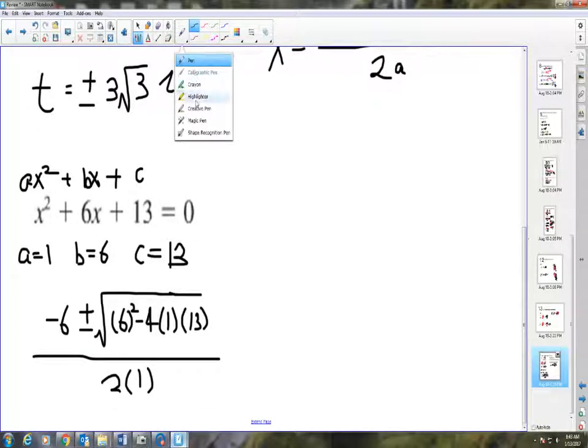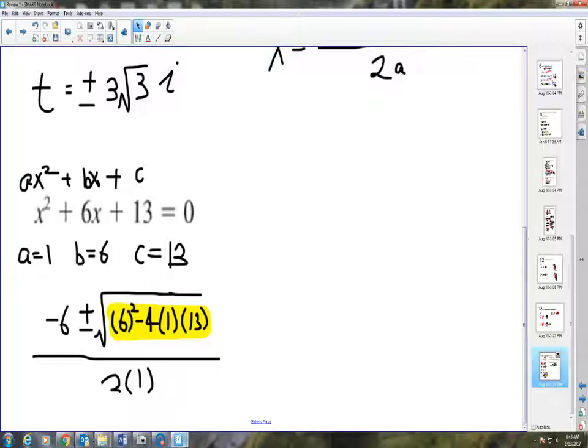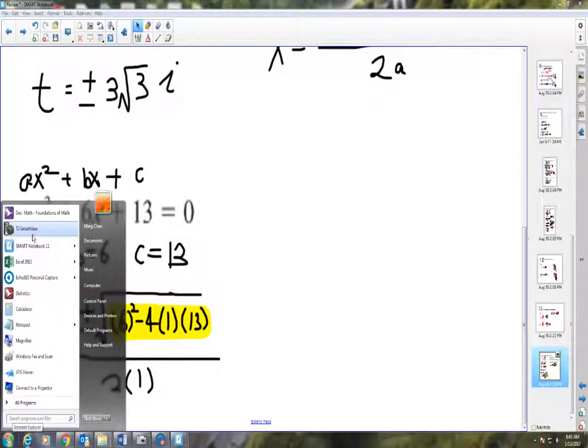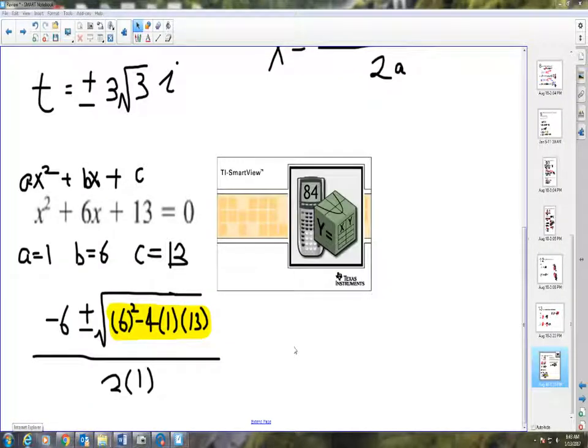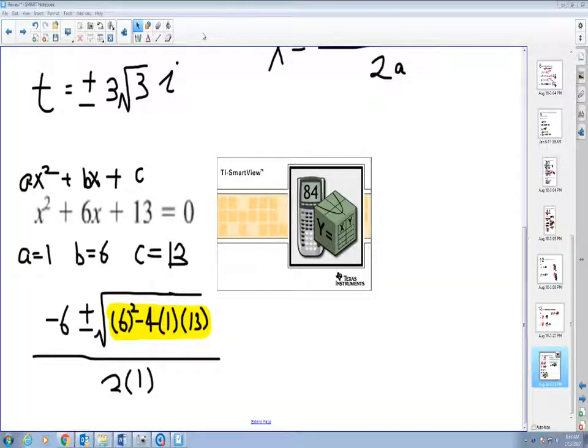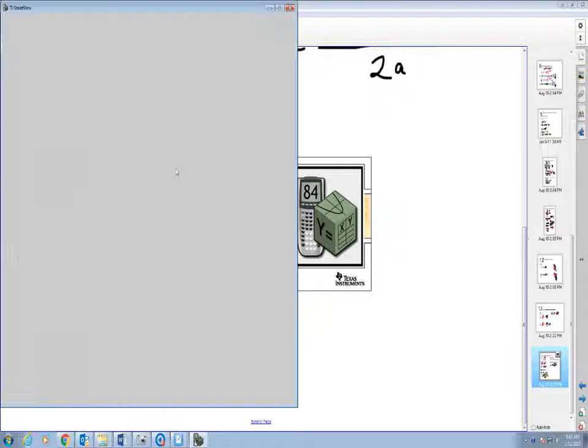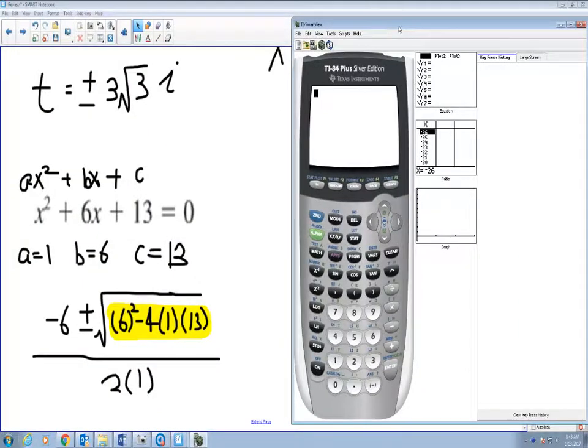Now once you write it out, the next thing you do is type in what's inside the square root in the calculator. See what that number comes out to be. I'm not going to type in a square root. I'm just going to type in what's inside the square root.